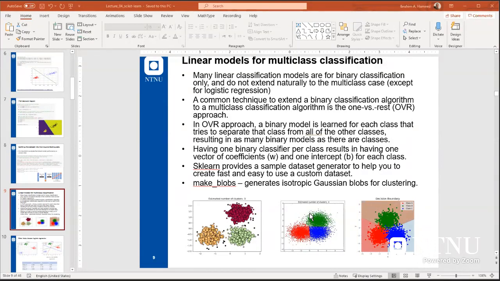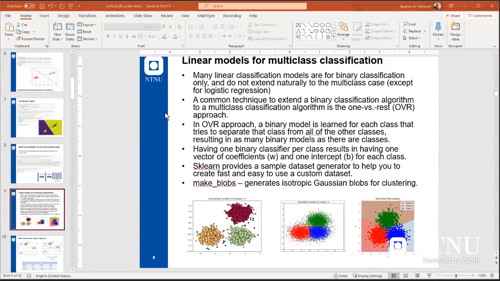For the green one, we will try to find a model to classify the green class against all the rest of the data. For the blue, we will train a model, one perceptron for classifying the blue one against the rest. This technique we call one versus rest. So at the end, we will have 3 perceptrons, one for each class.